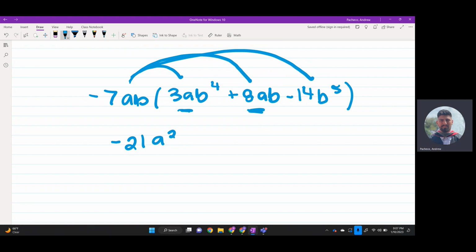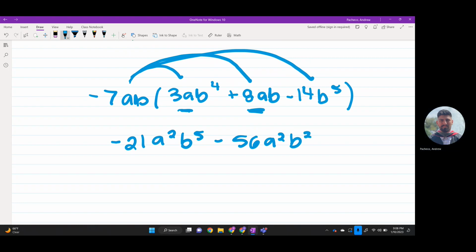When I multiply b times b to the 4th power, I get b to the 5th power. And then the same thing for that second term. -7 times 8 is going to be -56. I'm sorry, a times a is going to be a squared. B times b is also going to be b squared.